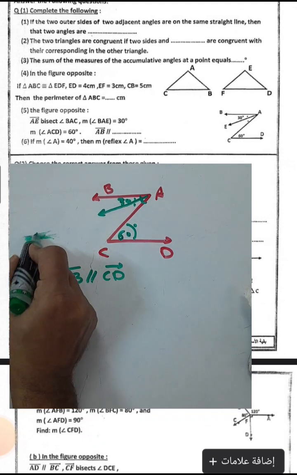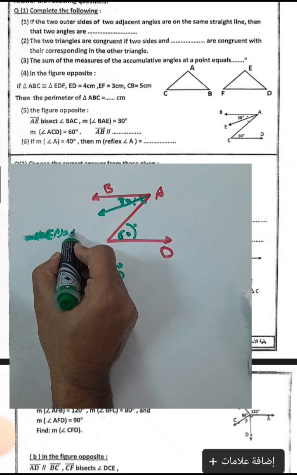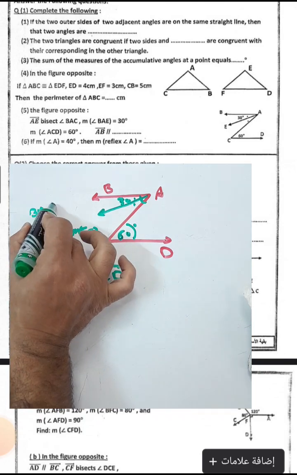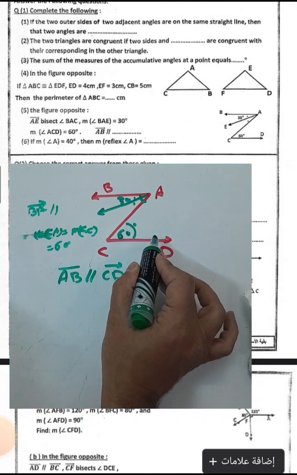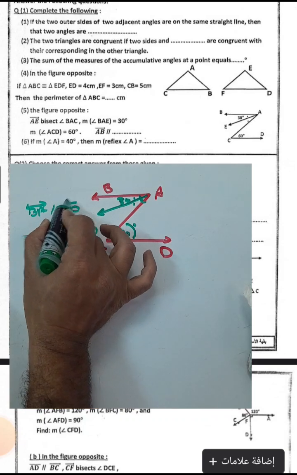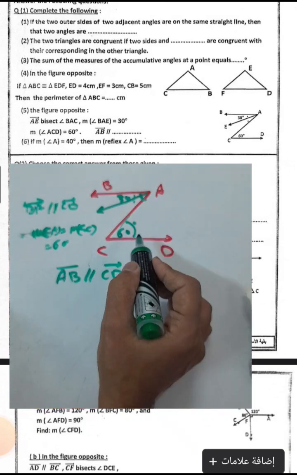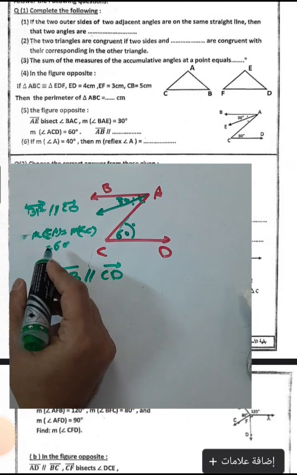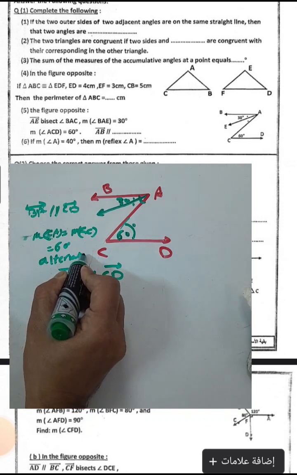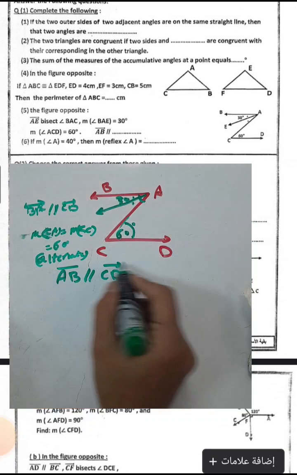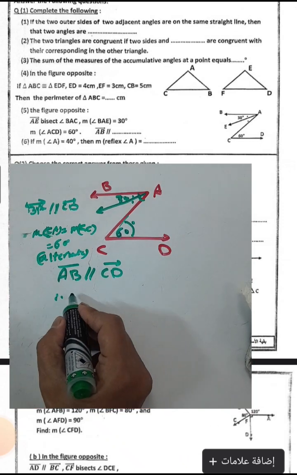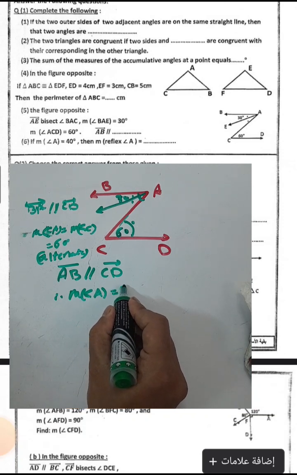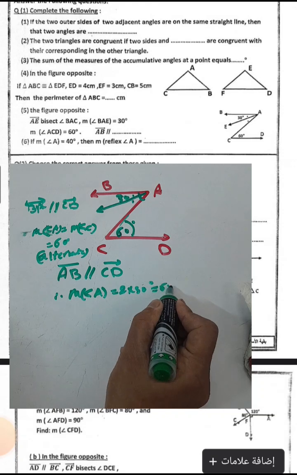Because the measure of angle A equals the measure of angle C, which equals 60 degrees, since PA is parallel to CD and EC cuts them. We call these alternate angles. Measure of angle A equals measure of angle C equals 60 degrees. We call them alternate angles, so AP is parallel to CD. Then the measure of angle A equals 2 times 30, which is 60 degrees.